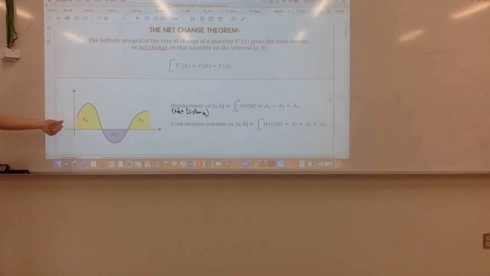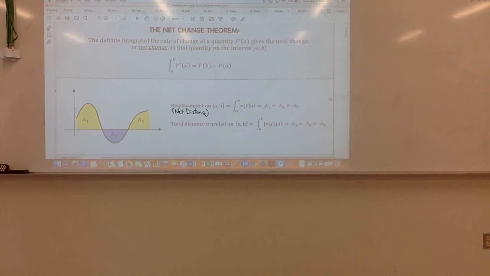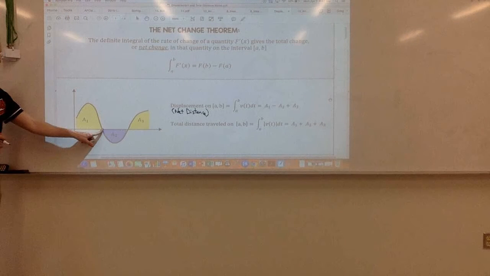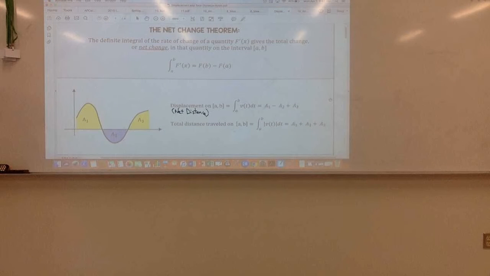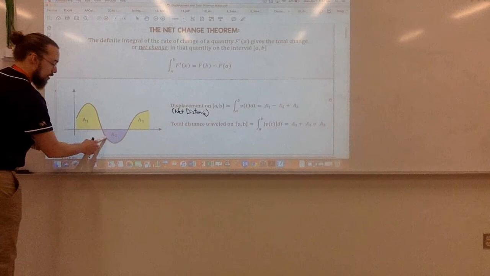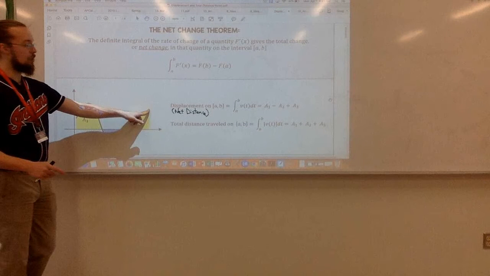So graphically, if we've got something like this, we're saying this is our velocity function. If I want to get displacement, I would say, well, I went this far to the right. And remember, if velocity is positive, that means we're moving to the right. Then I went this far to the left, and then this far to the right again.